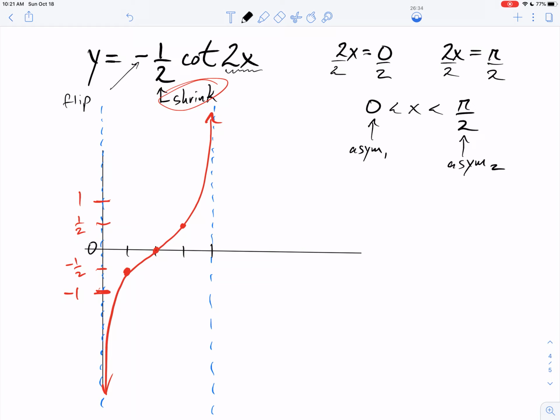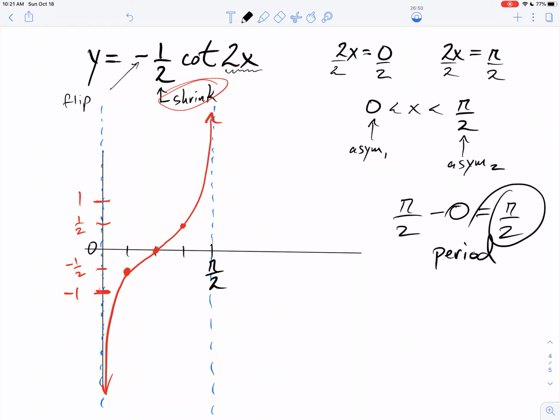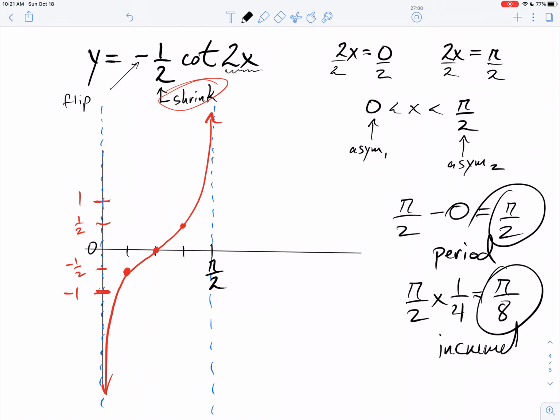But not too tough. Remember, this one started at 0. It ended at pi over 2. If I take the bigger asymptote minus the smaller asymptote, that's the period. The period is pi over 2. I take that times 1/4, which gives me my quartile increments, which is pi over 8 increments.